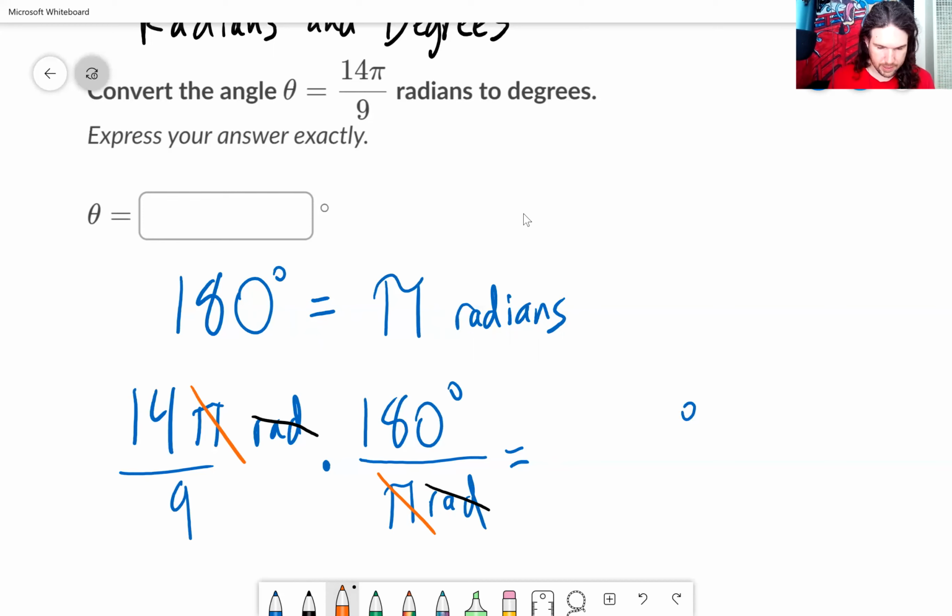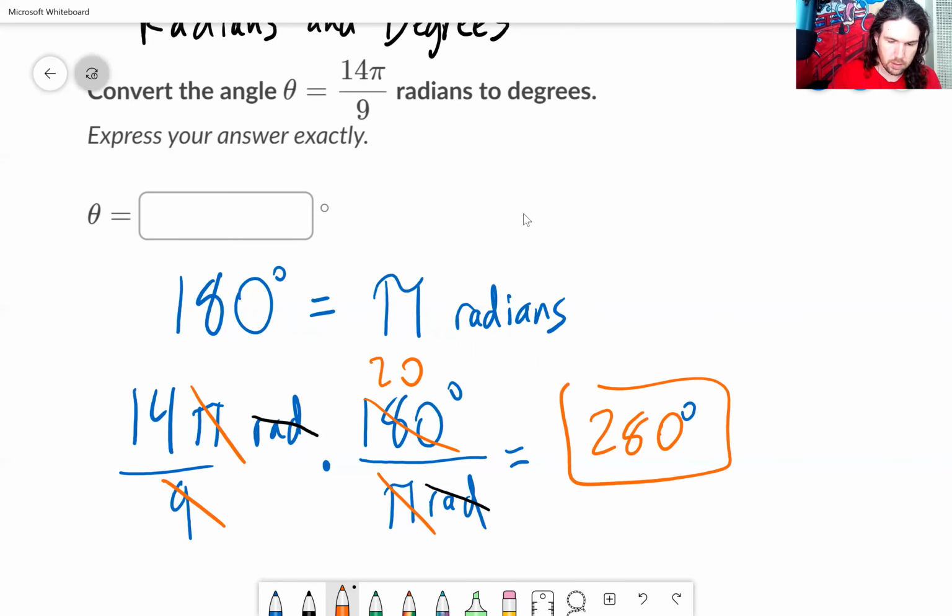And let's see, I know that 180 divided by 9 is 20, and 14 times 20 is 280 degrees, I want to say. Questions?